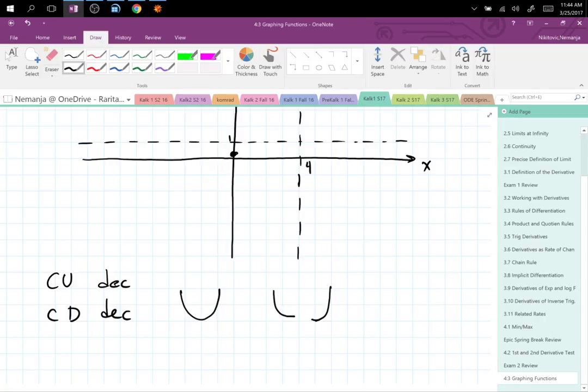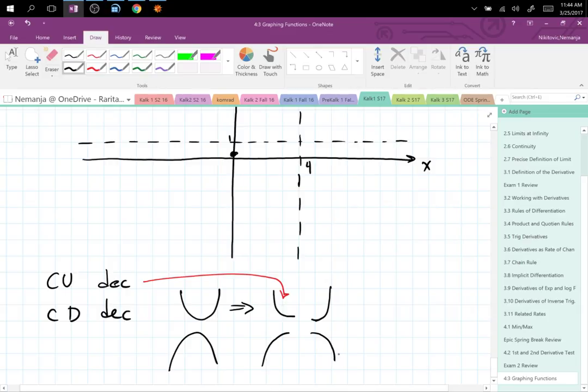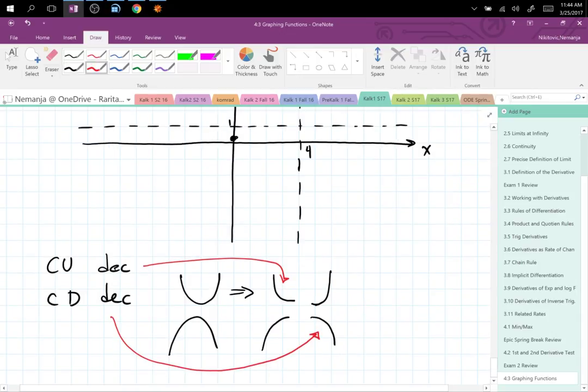We used all of the words. So this concave up piece breaks into these two pieces, and the left one is the one that corresponds to concave up and decrease. Concave down piece breaks into two pieces that look like this, and the decreasing part would be that one. So these are the two pieces that I have to use to fit.